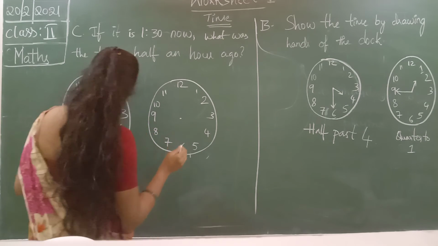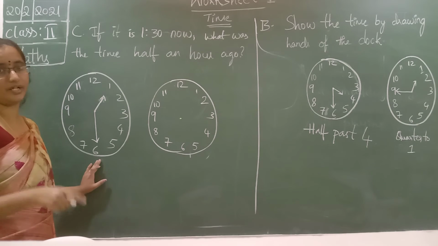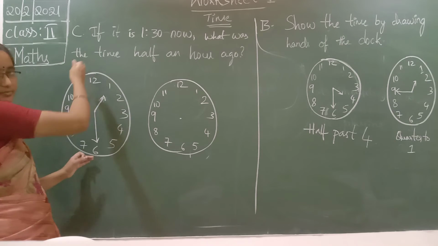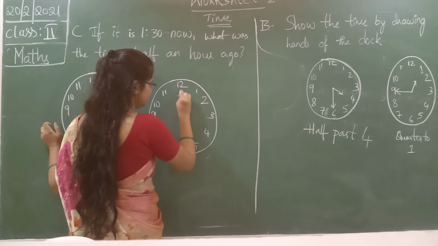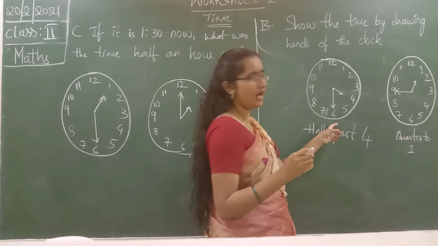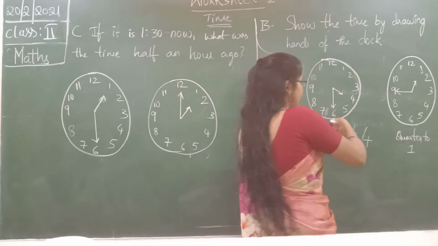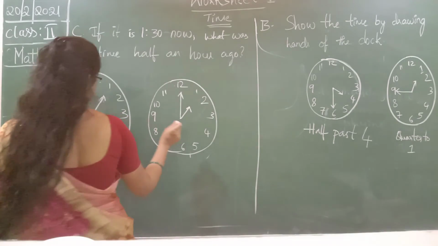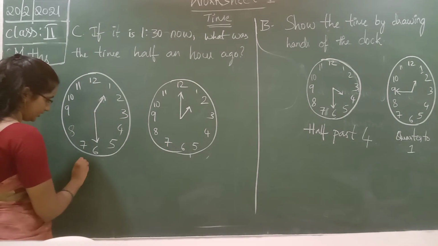See, here it is 30. Half an hour means half of the hour, that is 30 minutes. You have to travel back the 30 minutes, which means you have to go back to the 12. Half past means coming from here. Ago means you have to go back. Half an hour back means you go to the 12. This is the answer.